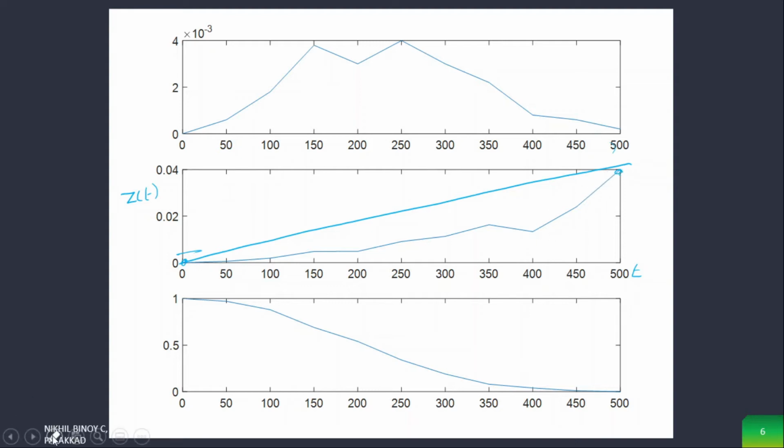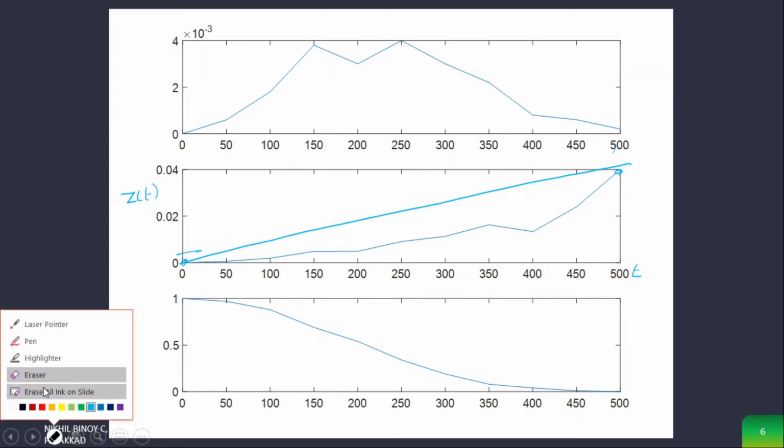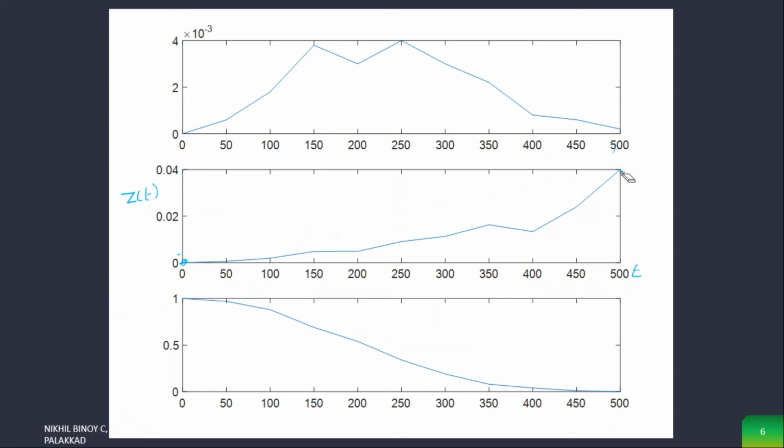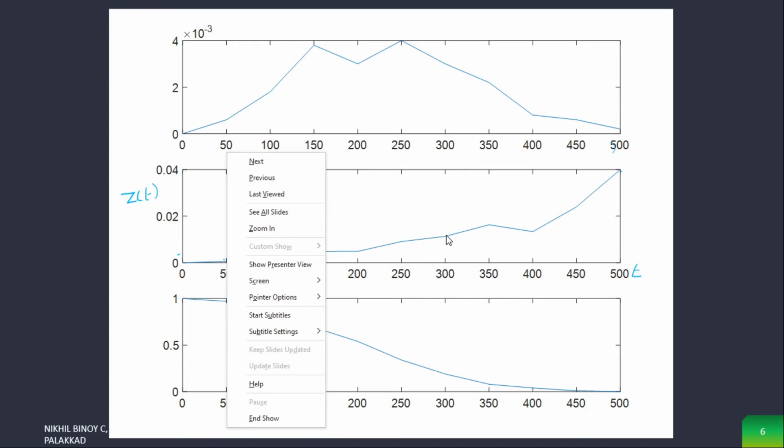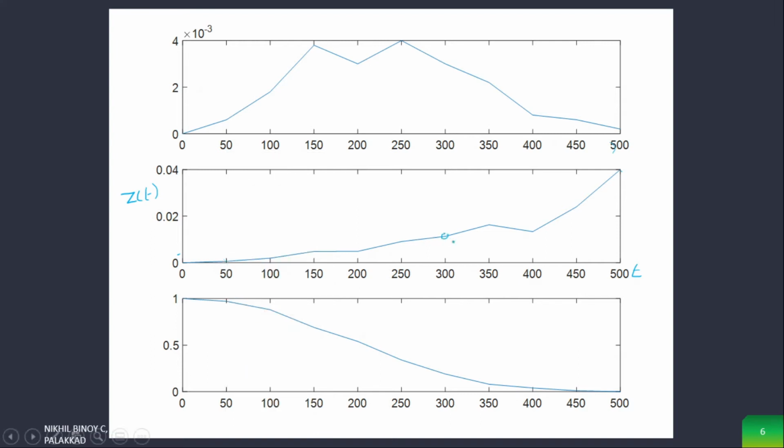So I am going to split this into two, and select two points: the value corresponding to 50 and the value corresponding to 350.